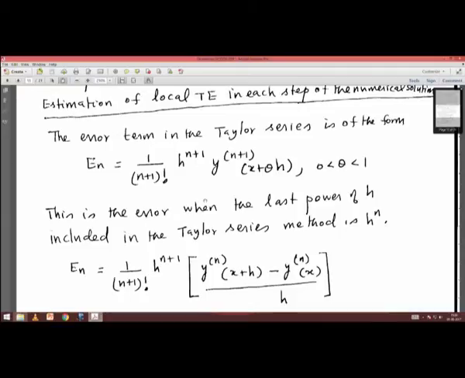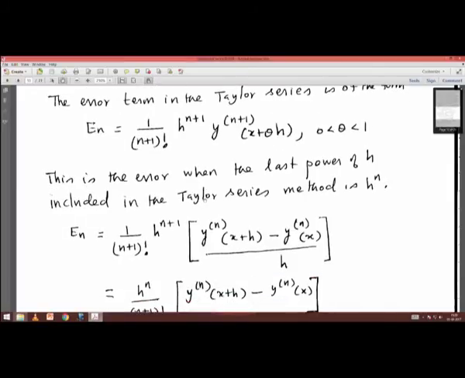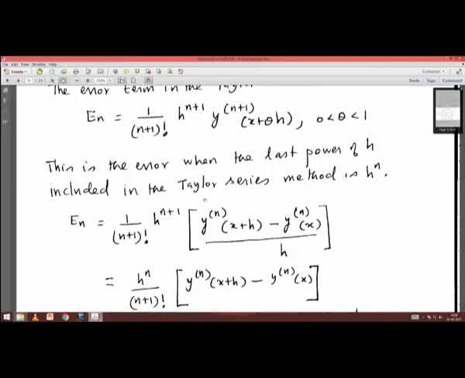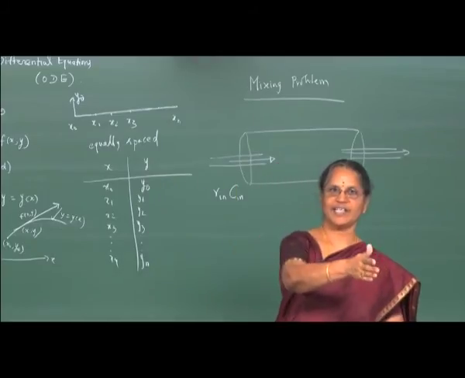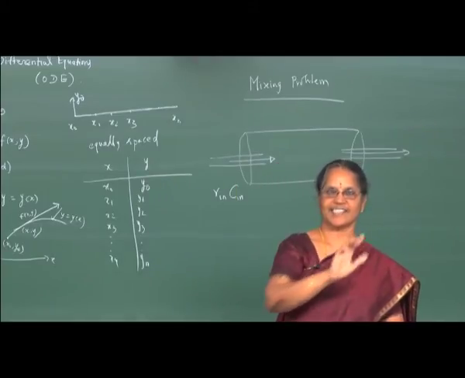The first neglected term is 1 by n plus 1 factorial h power n plus 1 into the n plus 1th derivative of y evaluated at x plus theta h, where theta lies between 0 and 1. So, this is the local truncation error when we use the Taylor series method of order n in computing the solution at x plus h, when we have information about y at x.